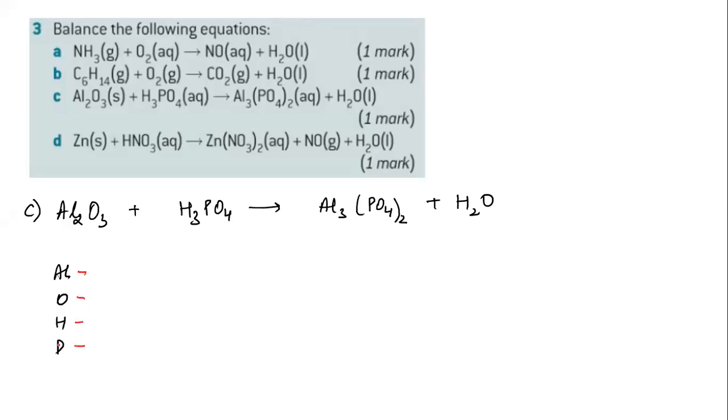Aluminium is 2, oxygen is 3, or 4, 7, hydrogen is 3, phosphorus is 1. So here aluminium 3, oxygen is 3 into 2, 8, plus 1, 9. Hydrogen is 2, and phosphorus is also 2.